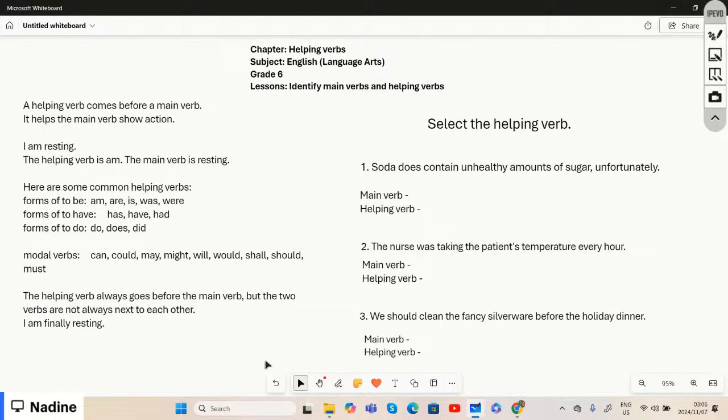And then the lessons that we are going to be focusing on under the chapter of helping verbs is to identify main verbs and helping verbs. So we're going to identify the main verbs and we're going to identify the helping verbs.